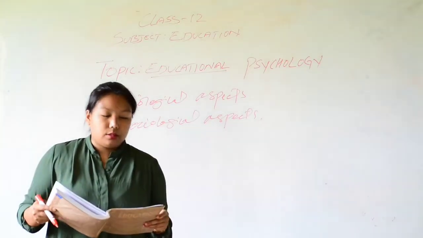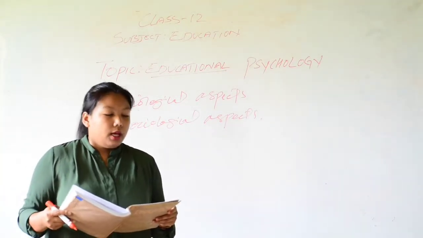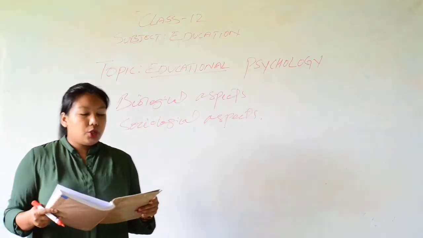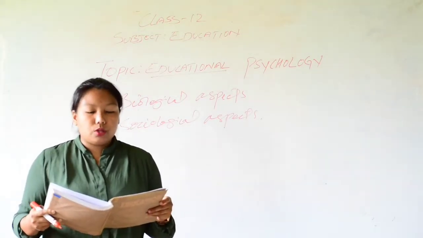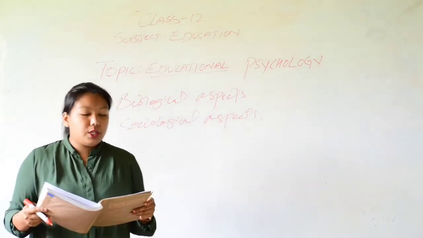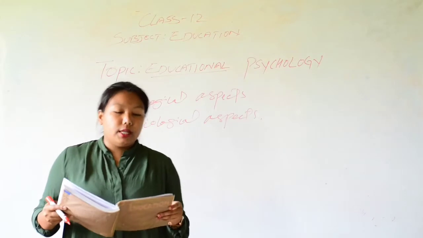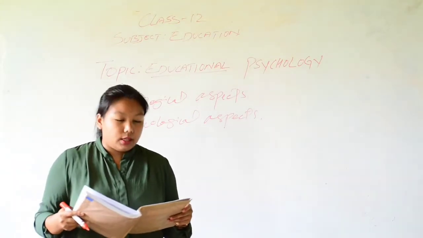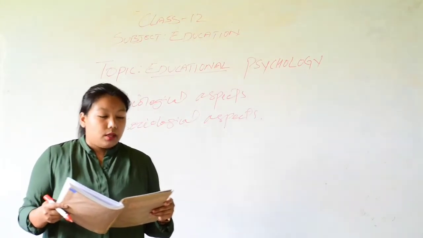Definitions of education. According to Mahatma Gandhi, by education I mean all-round drawing out of the best in the child and man, body, mind and spirit, which means education helps an individual in all-round and harmonious development.